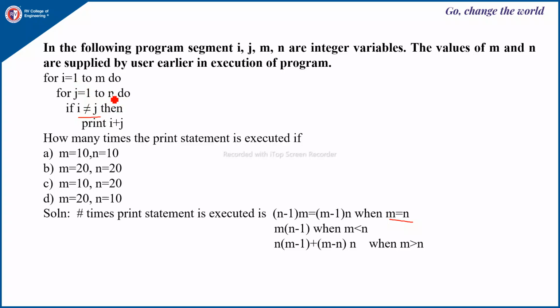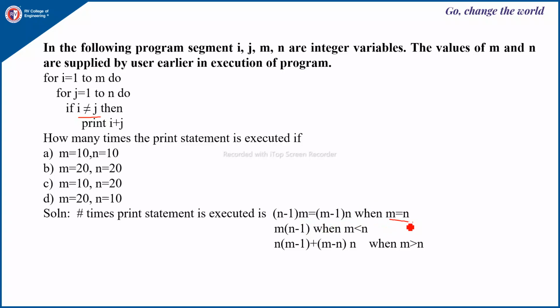The rest, all n minus 1 times, the loop gets executed for the first time. Second case, when i is equal to 2, again there are n minus 1 cases where i is not equal to j. Therefore the number of times this loop gets executed is n minus 1 times m, or it is m minus 1 times n.